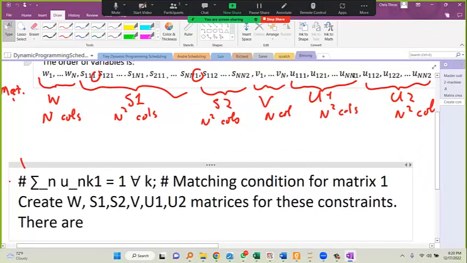Okay, so K is this, so the first index is small n, the second index is small k. What are the possible values of K? We have three possible values. And what are they?